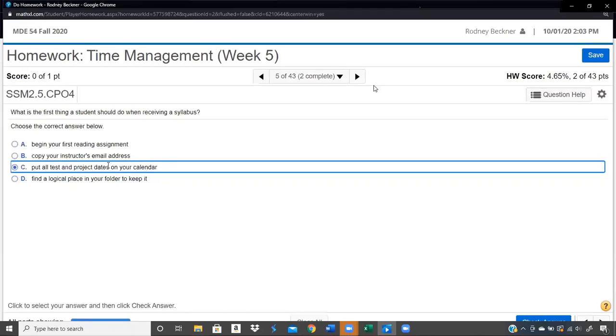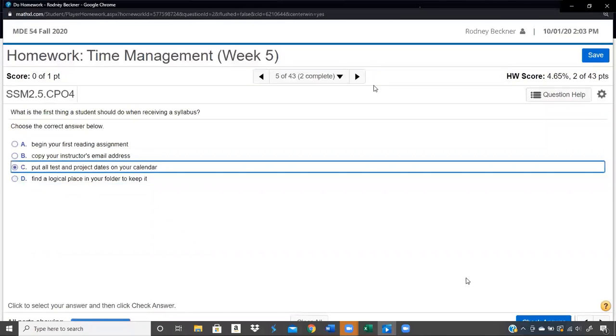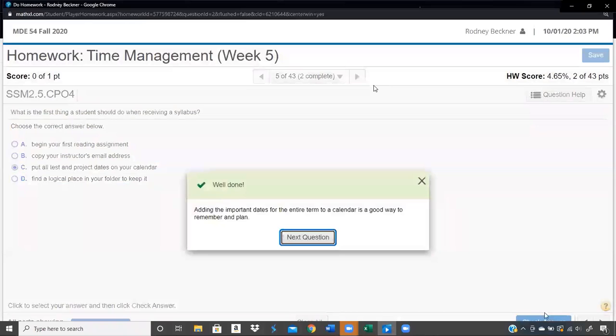So the midterm date's open-ended, but it'll be week 9, week 10. Find a logical place in your folder to keep it. I mean, the front folder sounds good. I feel like D is important. It is important, but they probably want the answer to be C, and they do, because this section is time management.